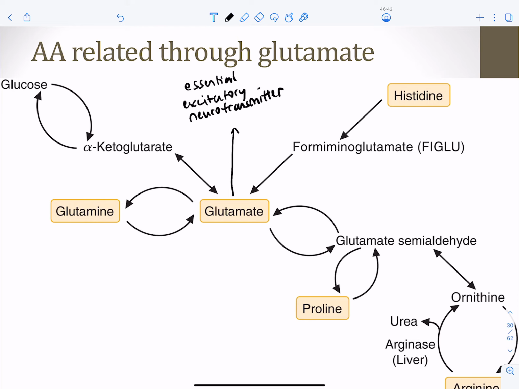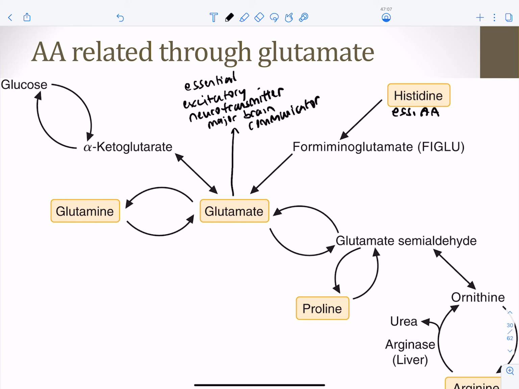It is referred to as a major brain communicator. Okay, and so remember, histidine is an essential amino acid, so we don't make histidine, but histidine can be broken down into glutamate.